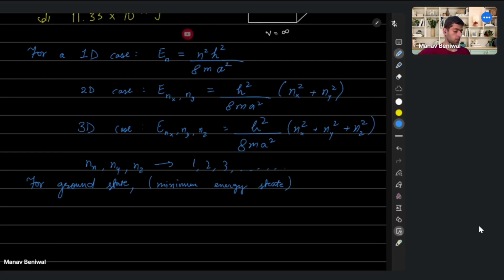Good. So for the ground state, the minimum energy state, nx, ny and nz all of them will be equal to 1. All the integers will have the value 1, which is the minimum possible value.